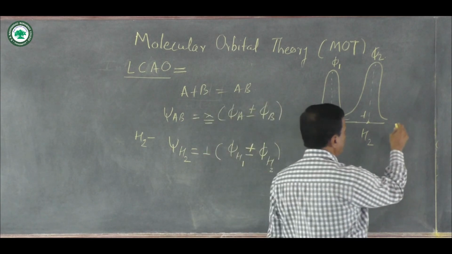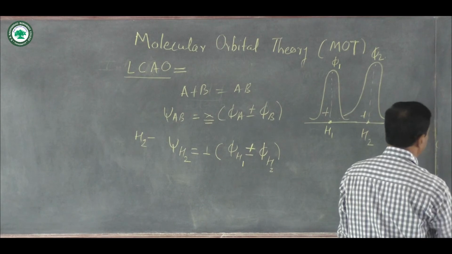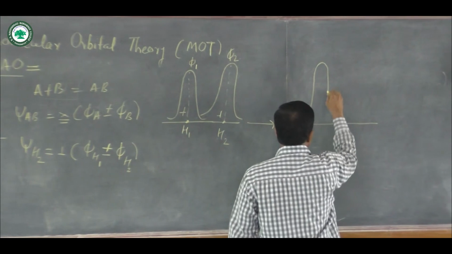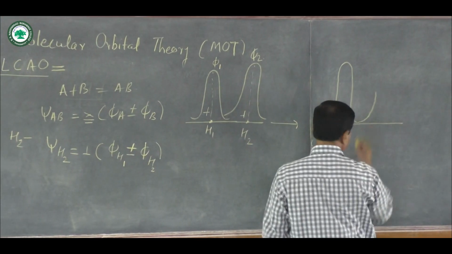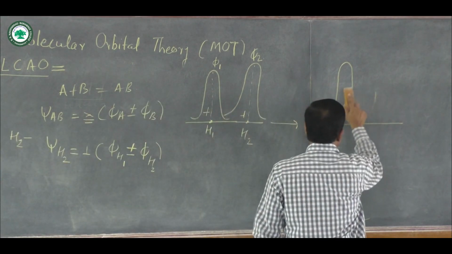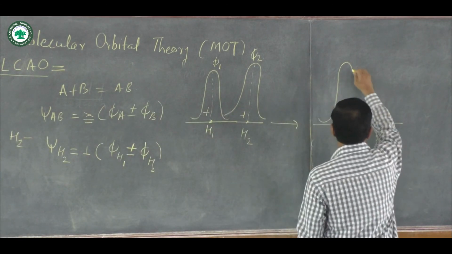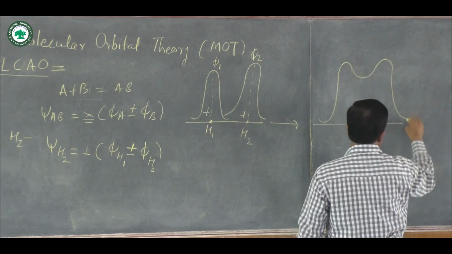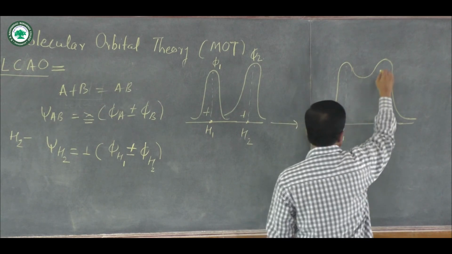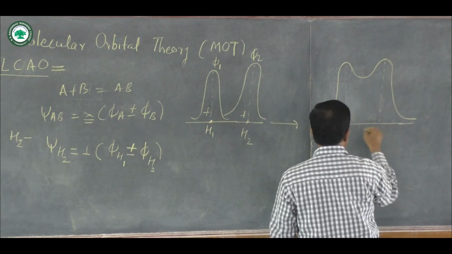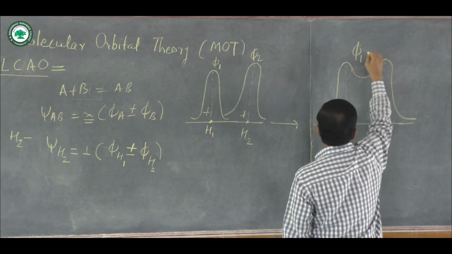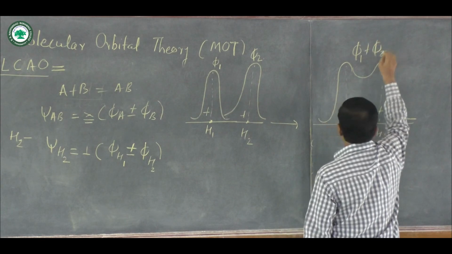When these two wave functions are combined, meaning there is addition, the large wave function is obtained, and that wave function is represented as phi 1 plus phi 2.